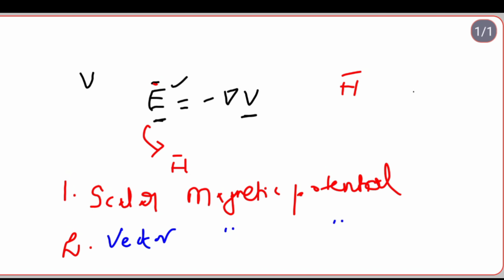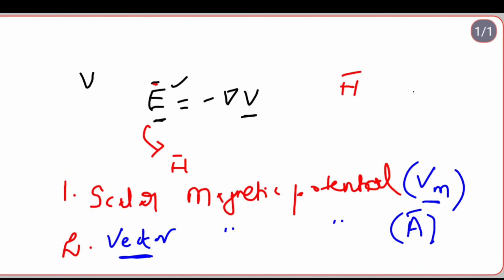The scalar magnetic potential is denoted as Vm, whereas the vector magnetic potential is denoted as A bar. Vector magnetic potential is a vector, we have to remember this, whereas scalar magnetic potential is a scalar.